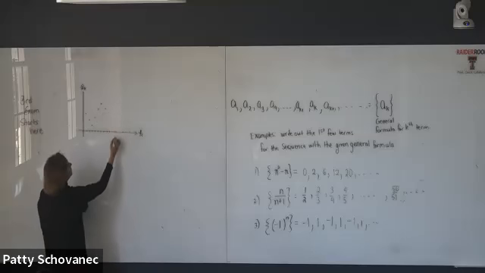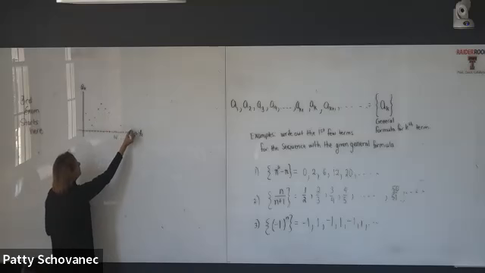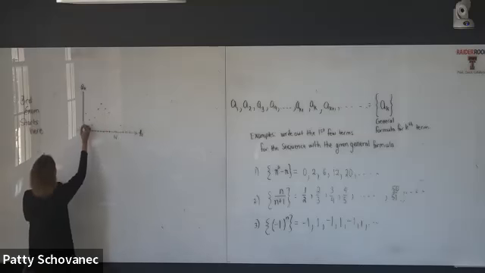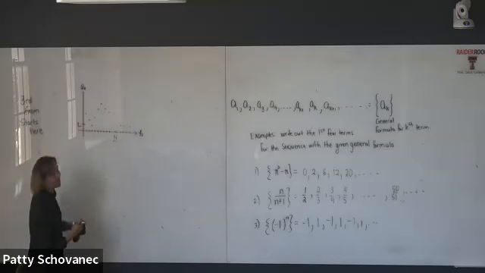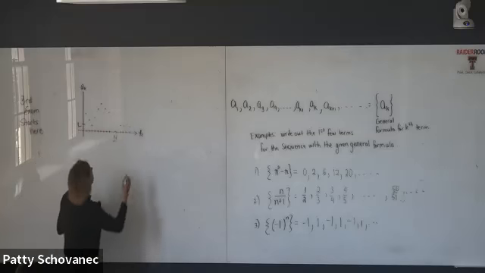But then if after I pass a certain big number, my values all begin to hover around a fixed number, say L, after we pass a certain big number, then we say that that sequence has a limit of L.